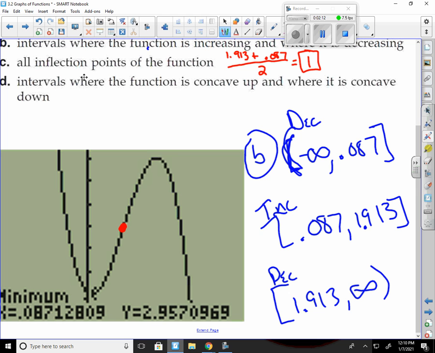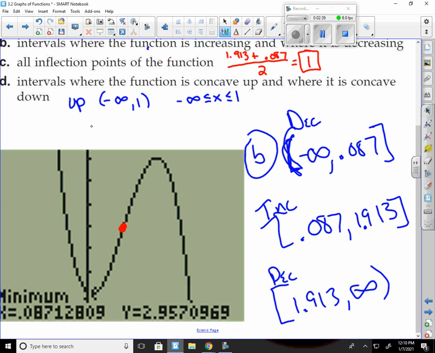So now I have to find where it's concave up and where it's concave down. Concave up is going from negative infinity to 1. And I could do it like this as well: negative infinity less than or equal to x, less than or equal to 1.